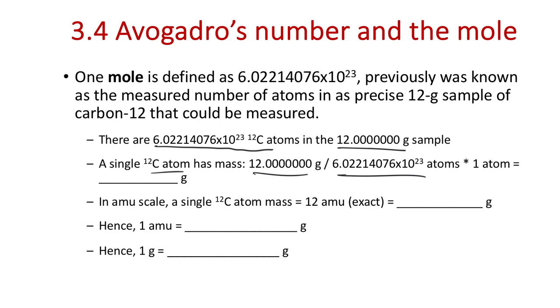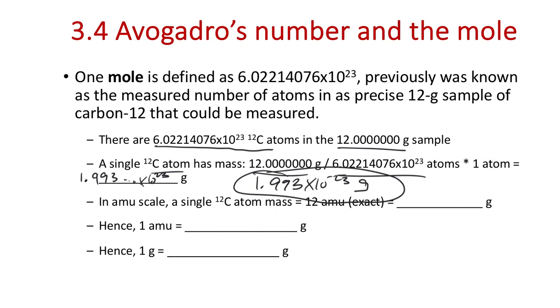If I do 12 divided by Avogadro's number, and I'm including all the digits just because it'll give me the exact conversion factor, I get that a single atom of carbon is 1.993 times 10 to the minus 23 grams. So I can calculate the precise mass of that carbon-12 atom.